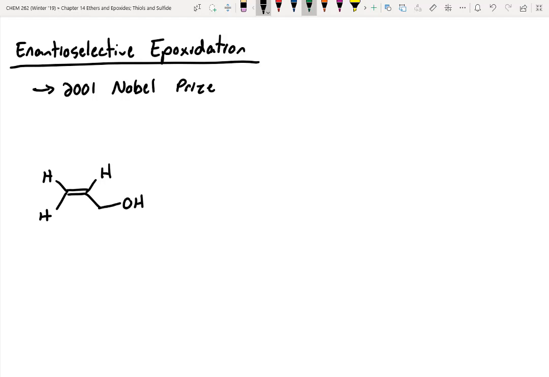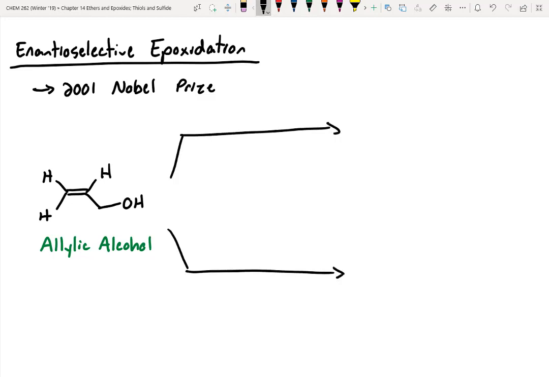This is called an allylic alcohol. And if you treat this with the correct reagents, you can selectively get one over the other. So for example, you could get this enantiomer exclusively, or at least in like 99% enantiomeric excess.